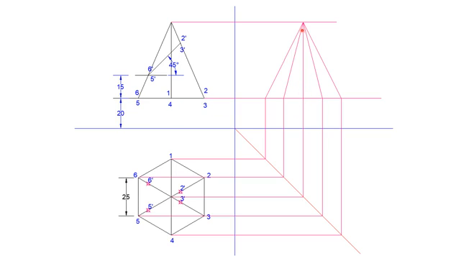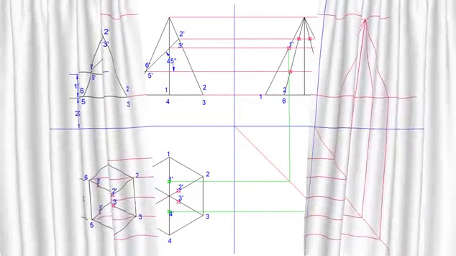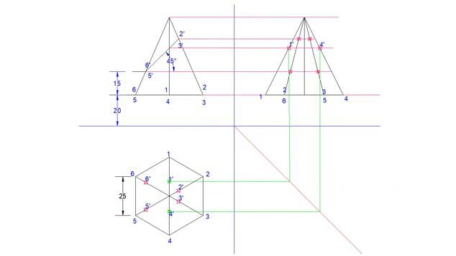And once we have that point up there, we are able to draw these lines towards the apex, and we end up having our triangle. So once we have drawn the end elevation, this is the end elevation all the way like that, that triangle which represents the end elevation.